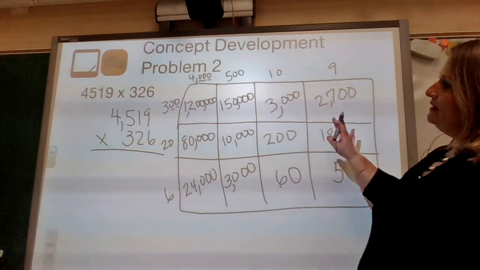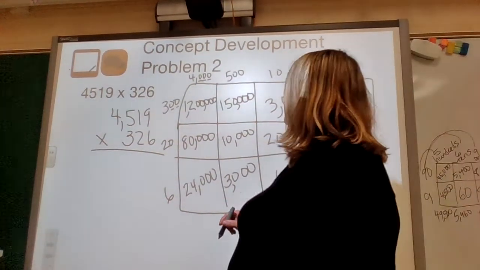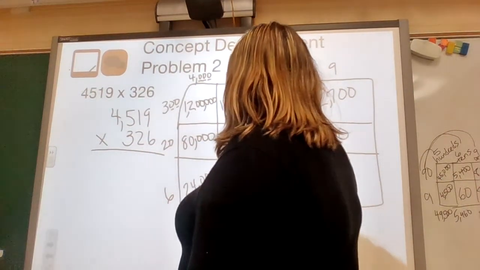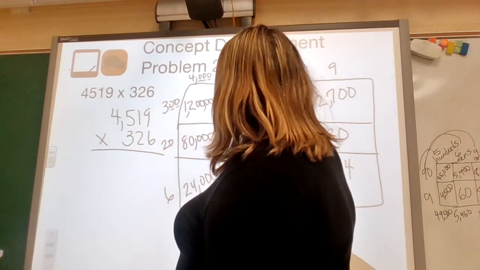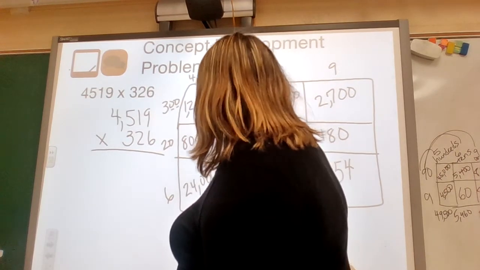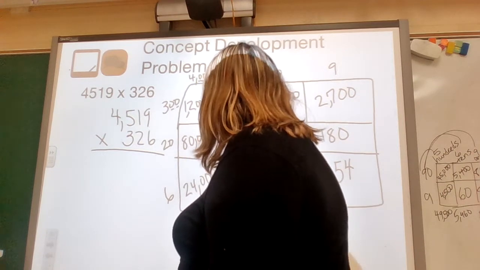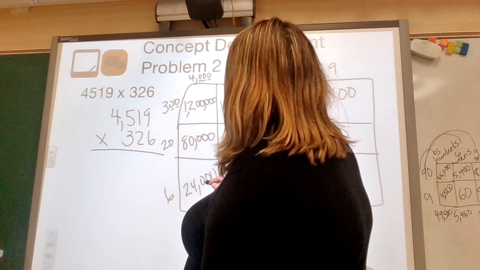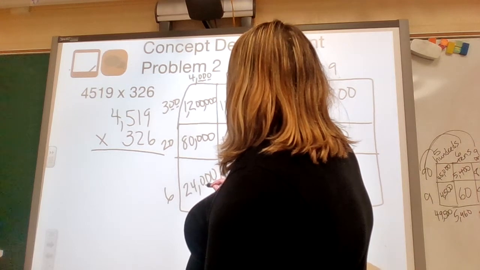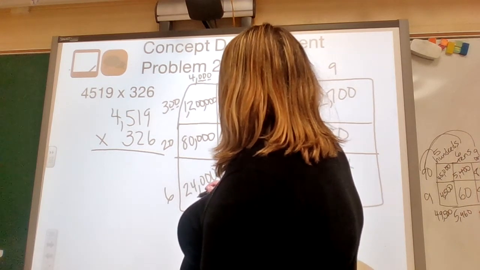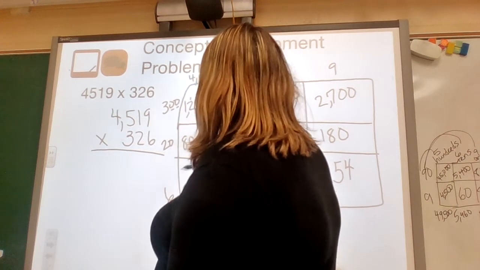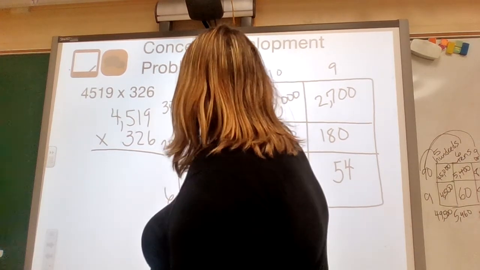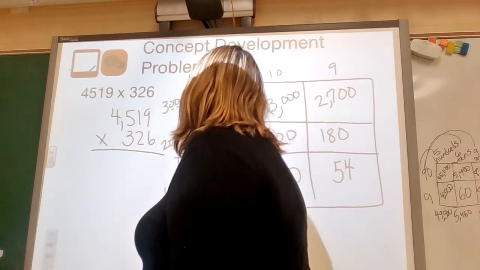Now I'm going to add all my partials. Let's see what I have here. I have 1, 2, 3, and then I have 4,000, and then I have 8, 9, 10, so that's going to roll over to this. I have 3 here, and then I have 1 here.